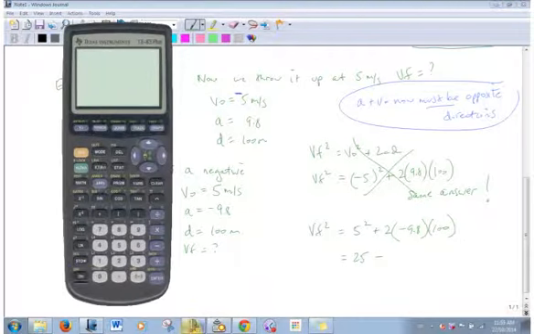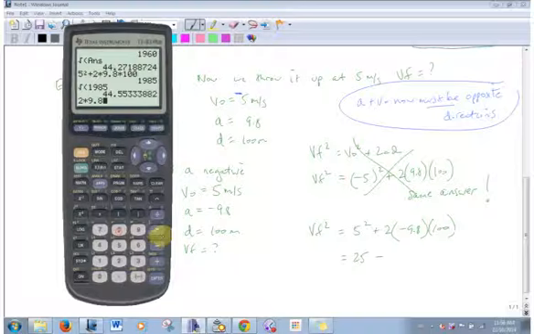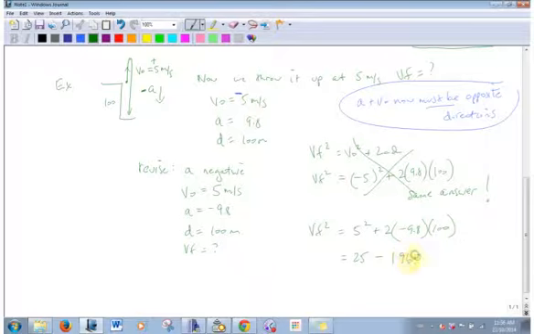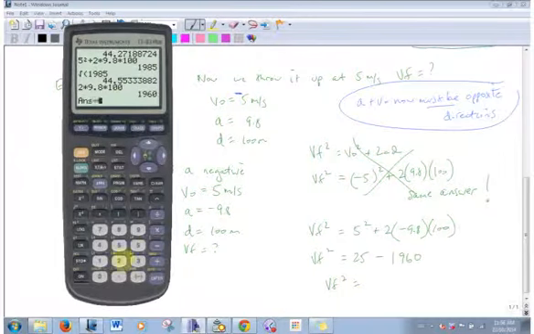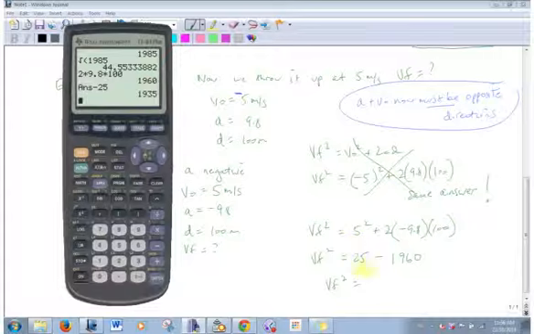So let's just make that a negative. I already did this about 3 times, but let's do it again. Minus 1960. And VF squared is, what's that? Take away that. These signs are opposite on my calculator, but isn't this negative 1935?